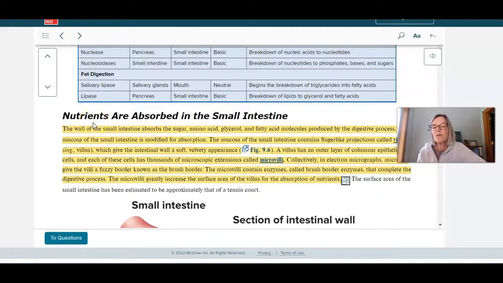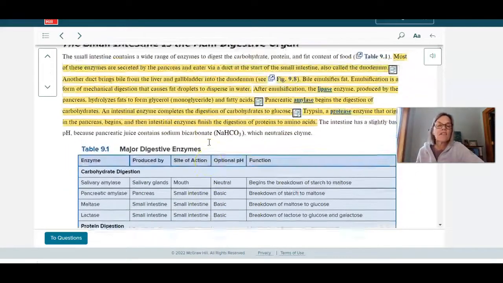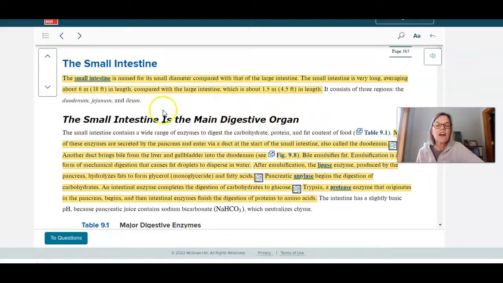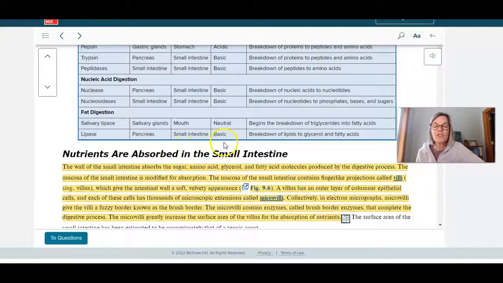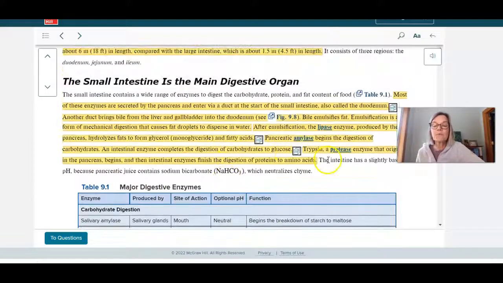So once you've digested food into smaller parts, like polysaccharides into monosaccharides, they're absorbed into the bloodstream through the walls of the small intestine. So 2 really important functions of the small intestine, which are really 2 of the premium functions of the digestive system, are digestion and absorption of nutrients.